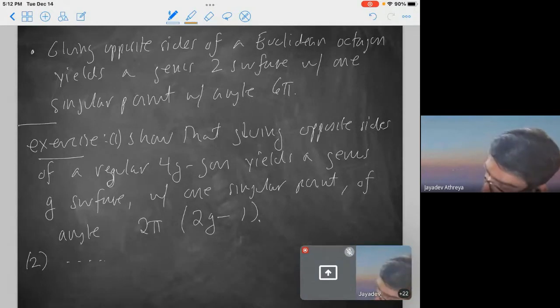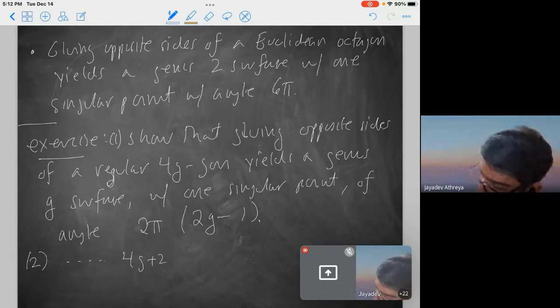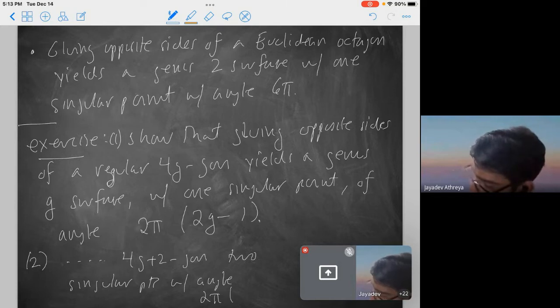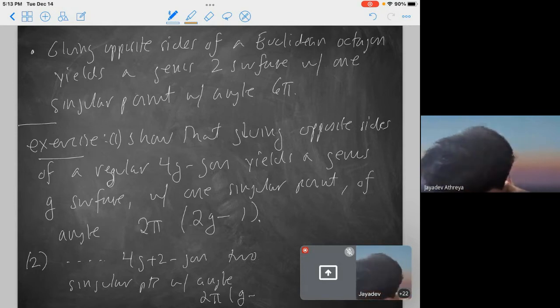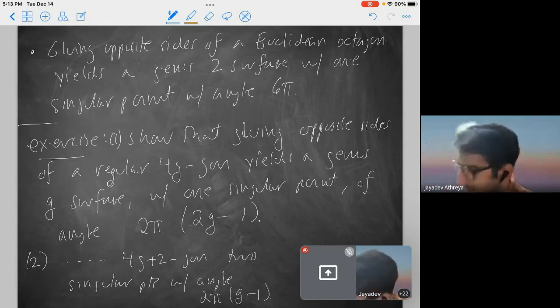So exactly the same exercise, but if you did a 4G plus 2-gon, then you get 2 singular points, each of them with angle 2 pi times G minus 1.